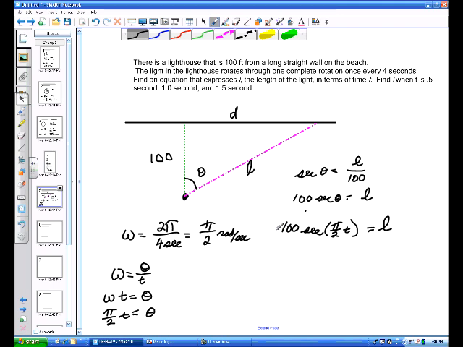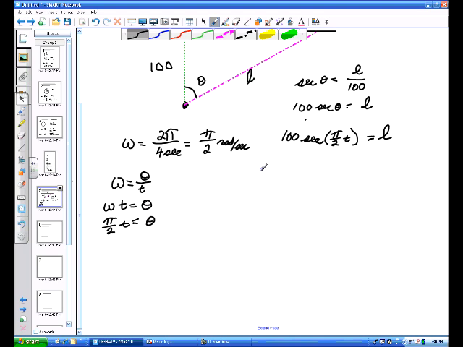Okay, we want to know it after half a second. So see if we can move this up just a little bit. Then we would plug in times the secant of pi over 2 times 1/2 second. And so we would have 100 times the secant of pi over 4. Okay, secant of pi over 4.